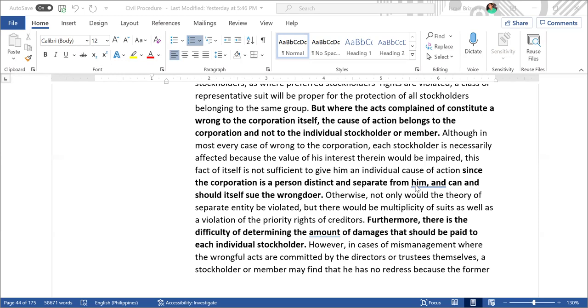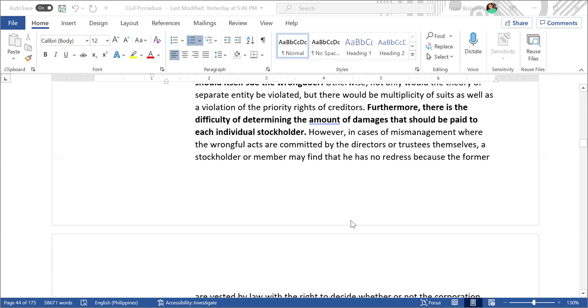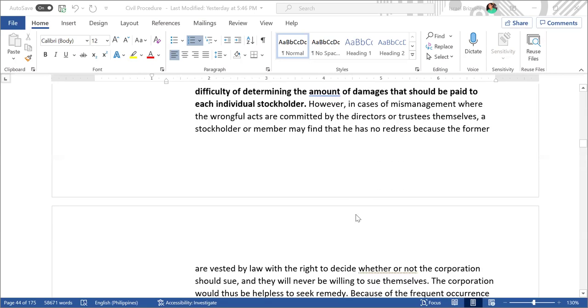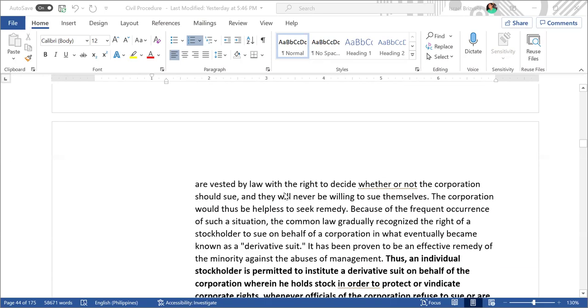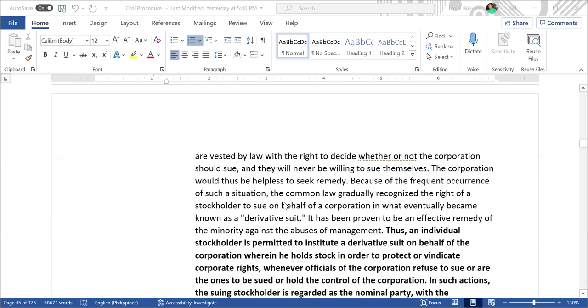However, in cases of mismanagement where the wrongful acts are committed by the directors or trustees themselves, a stockholder or a member may find that he has no redress because the former are vested by law with the right to decide whether or not the corporation should sue. They will never be willing to sue themselves. The corporation would thus be helpless to seek remedy.